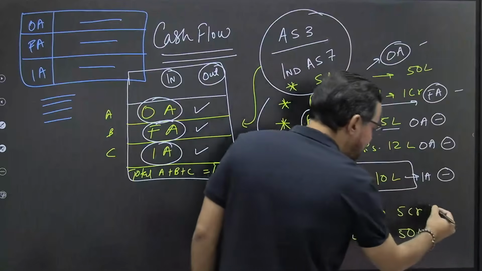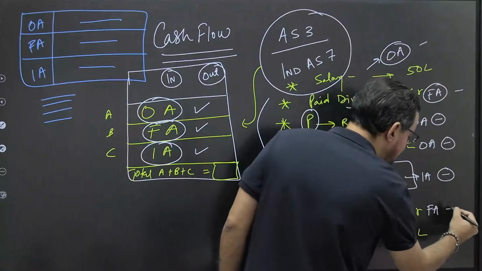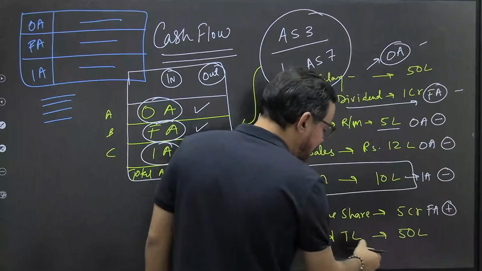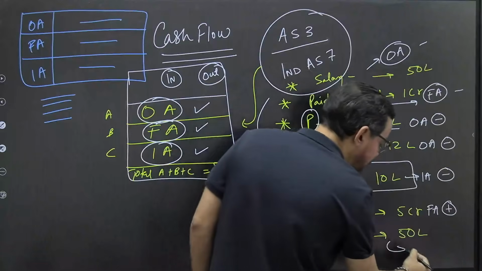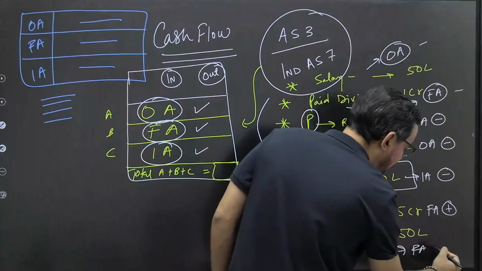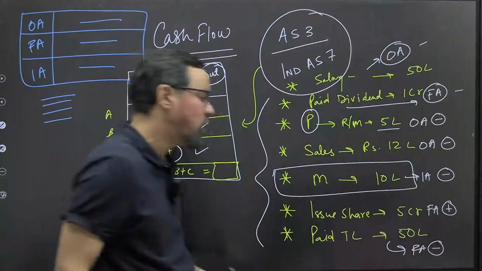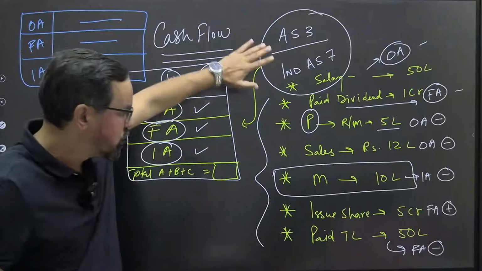Issue shares is a financing activity and an inflow. Paid term loans is a financing activity and an outflow. So there can be two types of questions, two types of numericals.